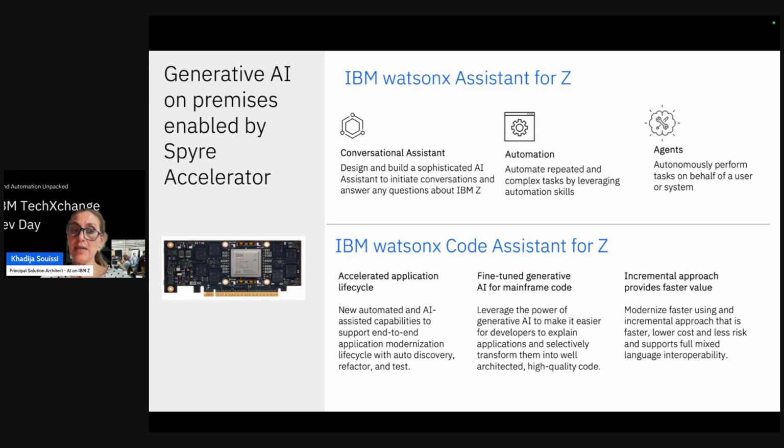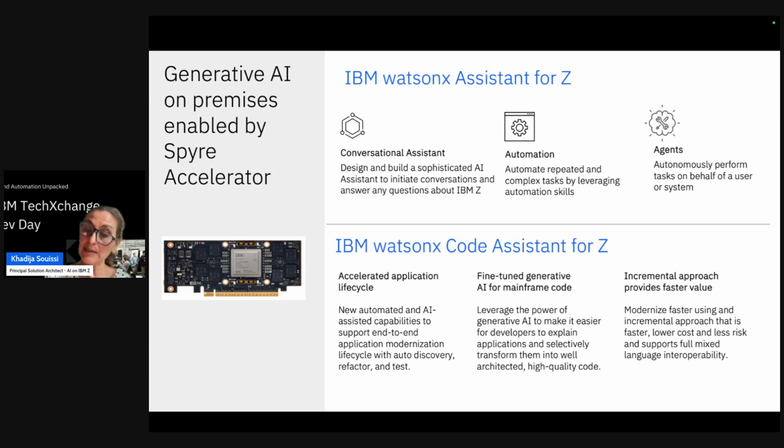This is actually an assistant that is intended to help IBM Z system programmers, IT operators, to be more productive and also to get answers to any questions around IBM Z. And also in the background, we are using automation for repeated and complex tasks by leveraging the so-called automation skills. We are also introducing the concept around agents to autonomously perform tasks on behalf of a user or system.